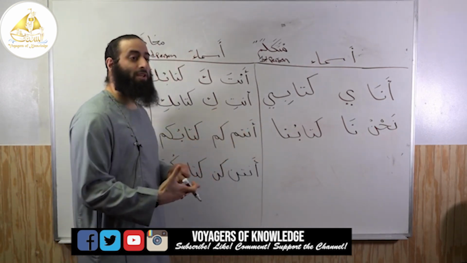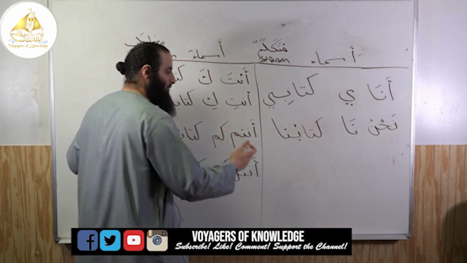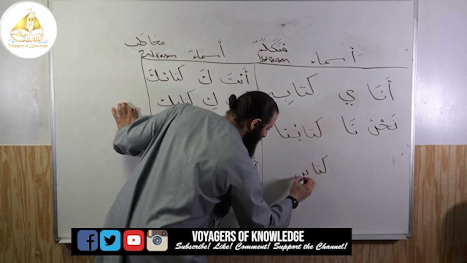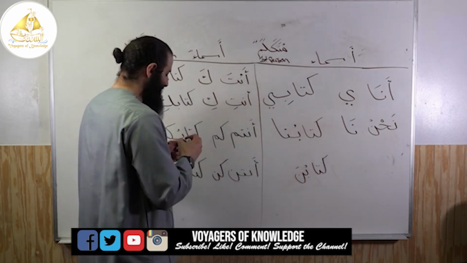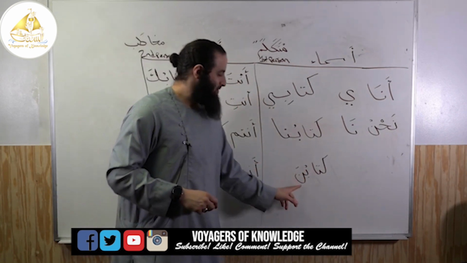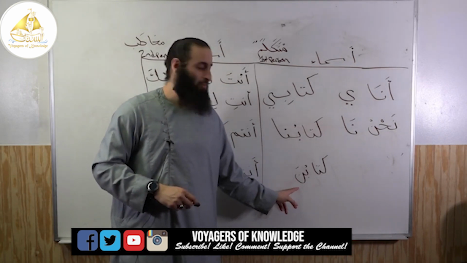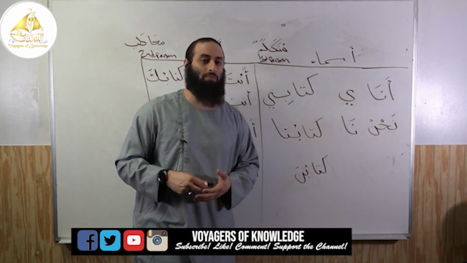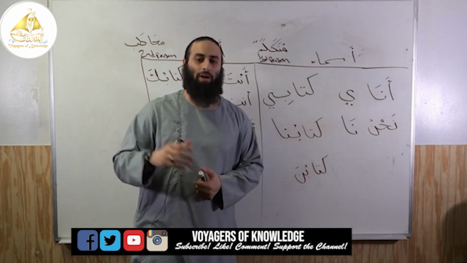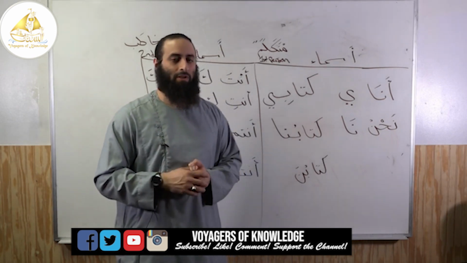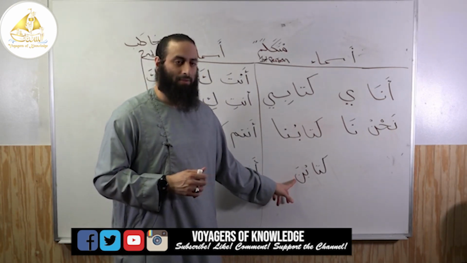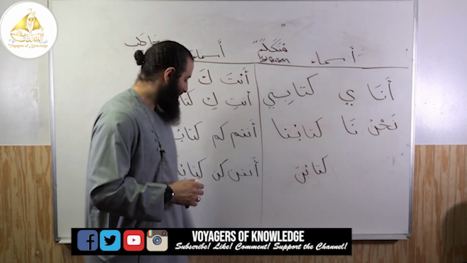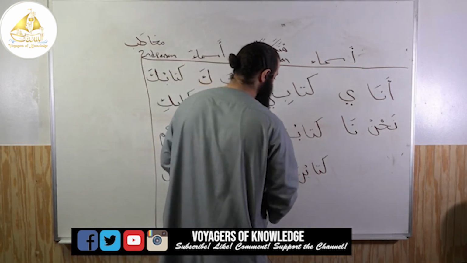It still sounds like you were saying kitabuna, right? Like our book. Some of you got confused with this short noon, or maybe you didn't know there's an alif there. But this short noon is for verbs when we say hunna, we say dhahabna. So it can be confused with this one. But when we take verbs and not asma, we'll deal with it.